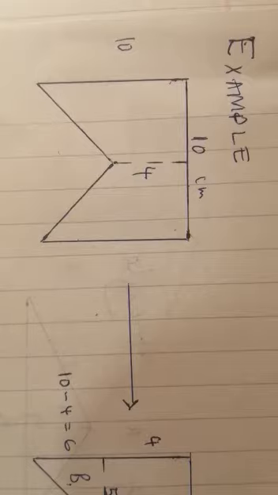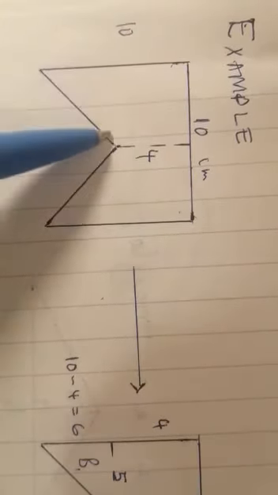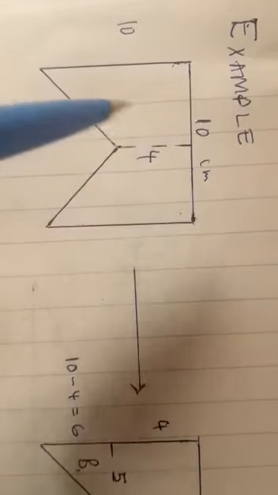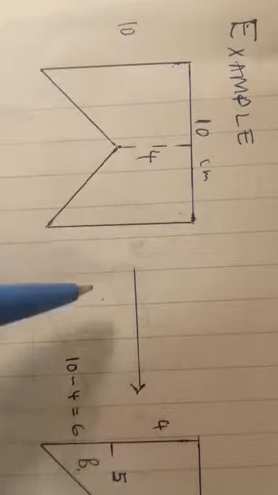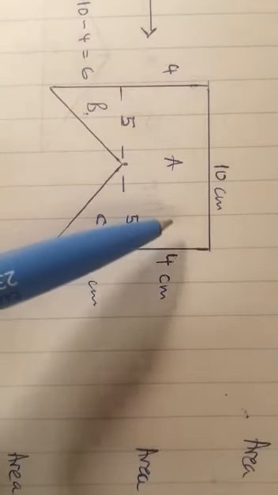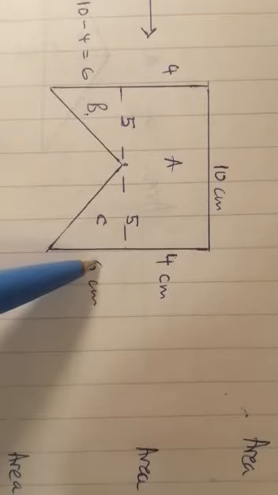For example, we can divide it using this line, and then we'll get a rectangle on the top and 2 triangles at the bottom, is what I did here. So you see, if you divide your shape, you will have a rectangle and 2 triangles.